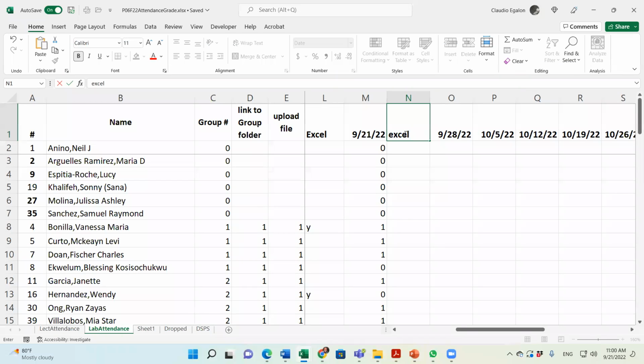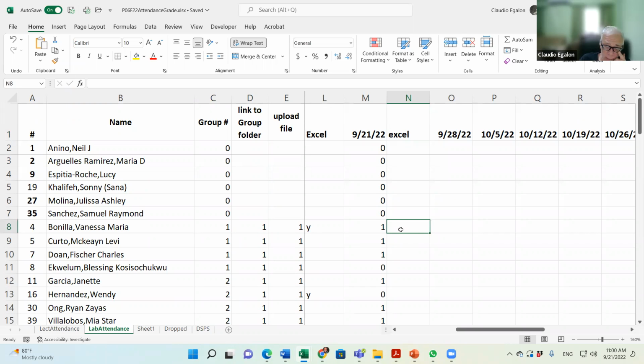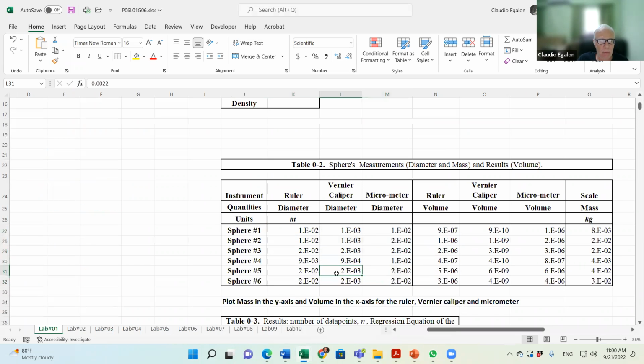Yes, I did. Good. So now I need you to report the proper number of significant figures for the ruler, the vernier caliper, and the micrometer. Do you know how to do that? Yes. Okay, so again, let's go through that. If you're going to report the proper number of significant figures, what do you have to do?